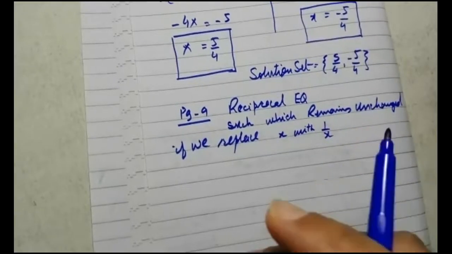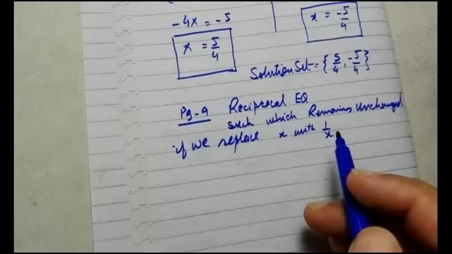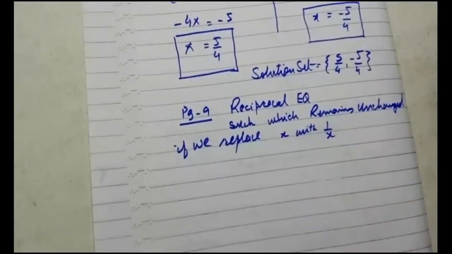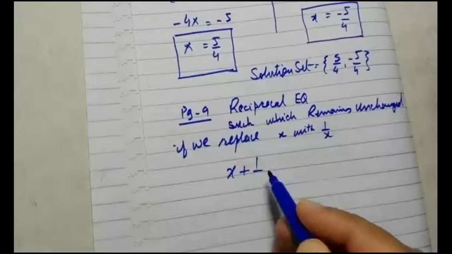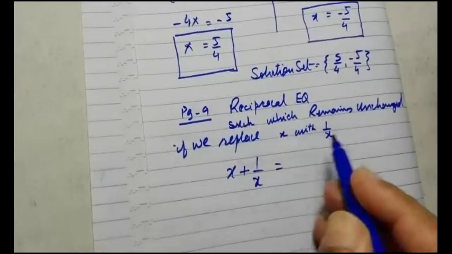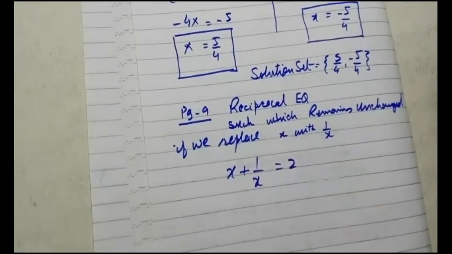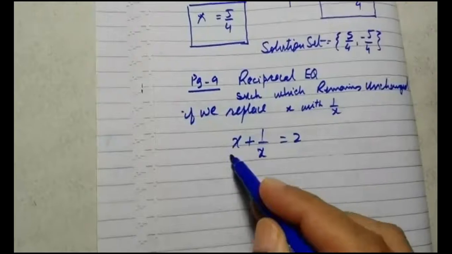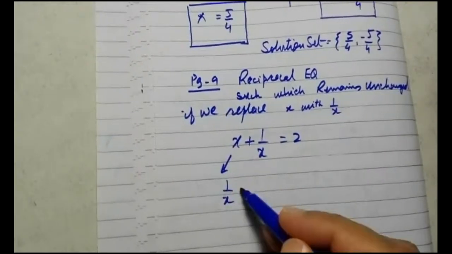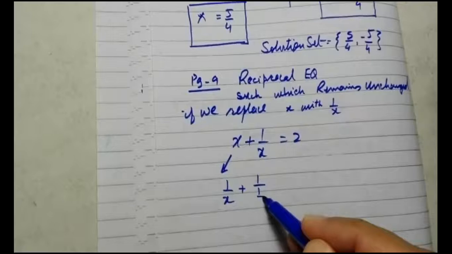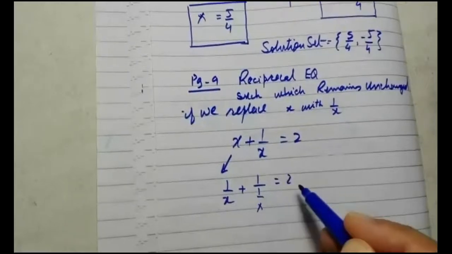Now see how this will not be affected. I am writing an example. Let's say we have the equation x plus 1 over x equals 2. Now tell me, if I replace x with 1 over x, or similarly replace this x with 1 over x, you will see that ultimately you will get the same sort of equation.